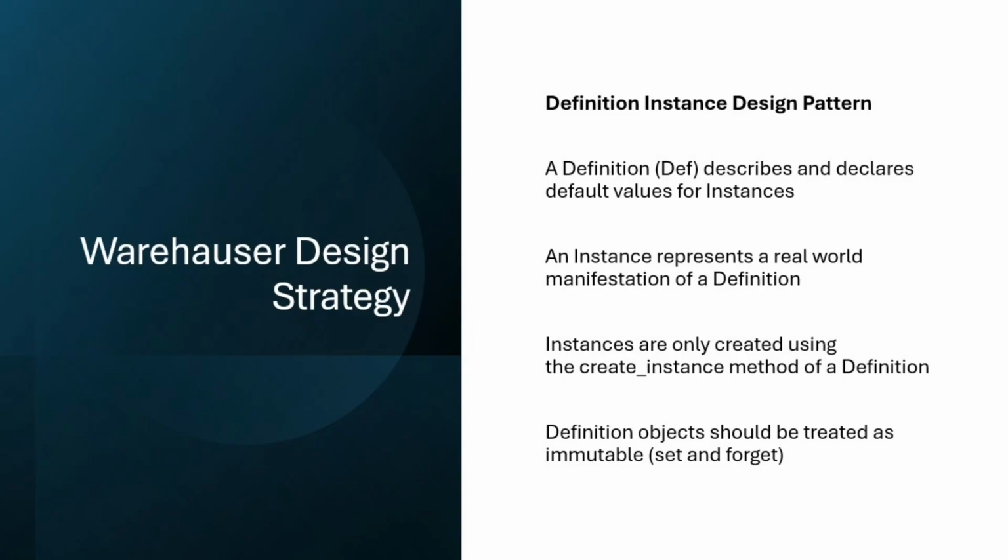Instance objects may only be created using the corresponding definition object's createInstance method. Definition objects should be treated as immutable. In this way, Warehouser does not force developers to adhere to a preset of entities, but rather offers freedom to dynamically define entities using the definition models.